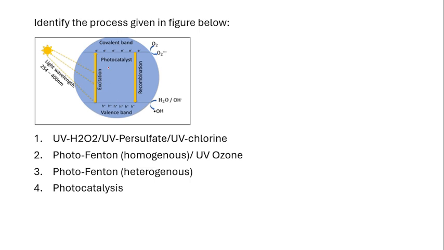If you see the figure here, it has the name photocatalyst, right? And there is an action of excitation because of which the electrons are released, and this electron is very important for the production of the OH radical. So here the OH radicals are produced, and this is very helpful for the tertiary treatment process.